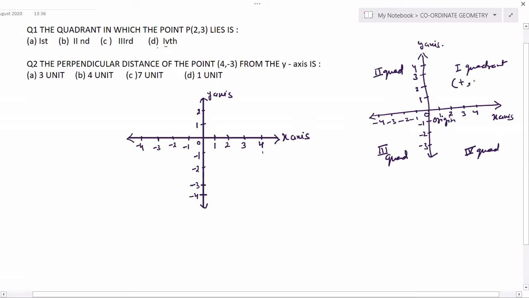So both coordinates of a point in the first quadrant are positive. In the second quadrant, you have to take the value of x as negative and the value of y as positive. So the coordinates of the point will be minus, plus, meaning the x coordinate is negative and the y coordinate is positive.